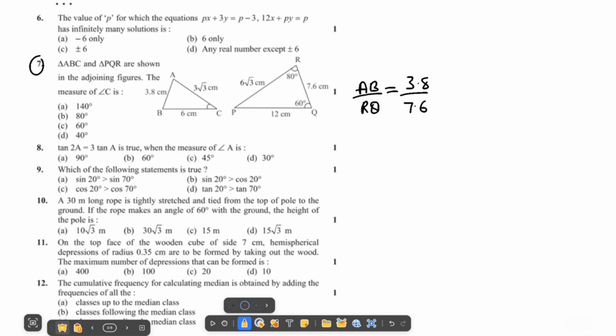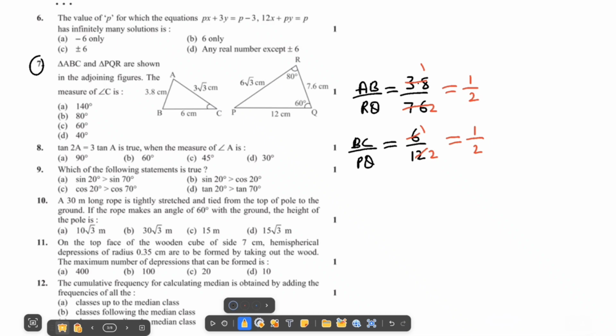So 3.8 one time, and 2 times is 7.6. So the ratio is 1 by 2. Next, let's check the ratio of BC by PQ. Here BC is given as 6 and PQ is given as 12. Now after cancellation, what do we get? 6 ones are 6, 6 twos are 12. Again we get 1 by 2.